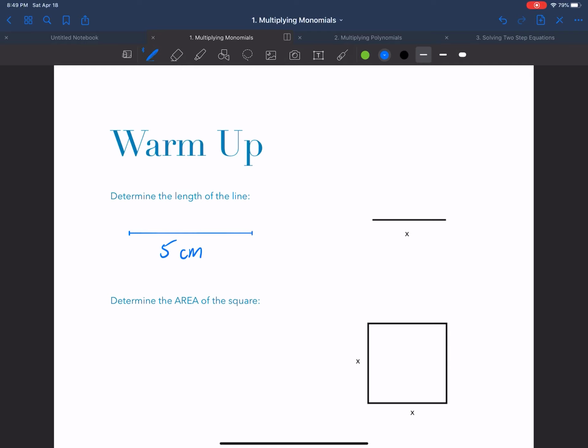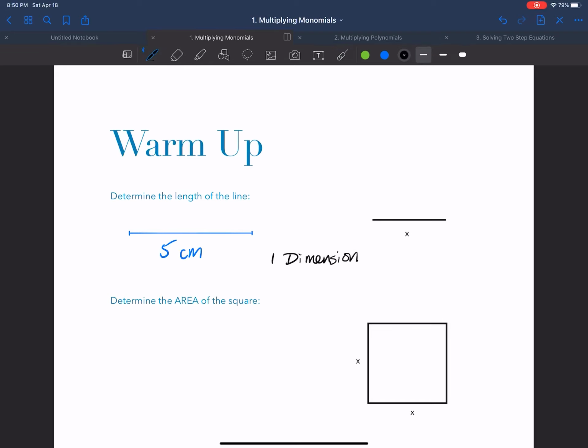It's one length or one dimension. Okay, so if I had a line segment like this, a line that had a length x, well, that's what it would look like. It's x. It's the length of x.